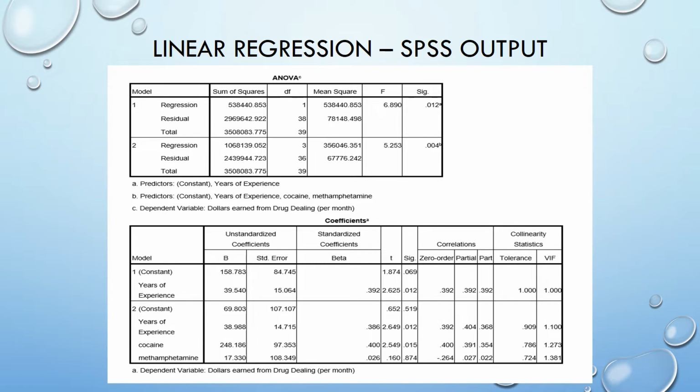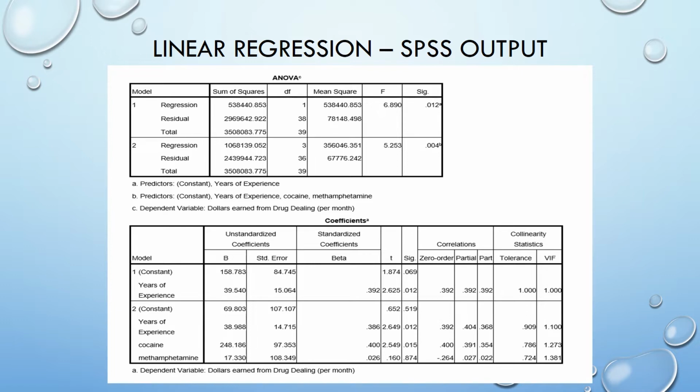That's going to be important as we go forward in this lecture because model 1 is the model where we only had years of experience. And you'll see that also in footnote A for the ANOVA table, where it says predictors: a constant, we'll come back to that, and years of experience. And then in model 2, we have added more factors into it.